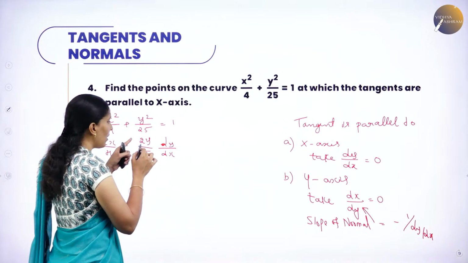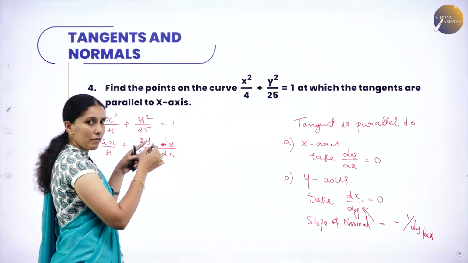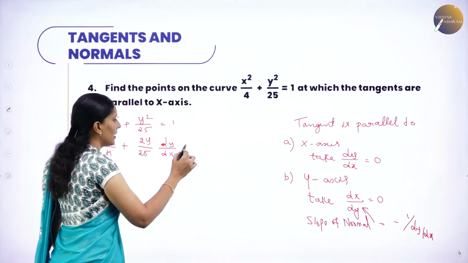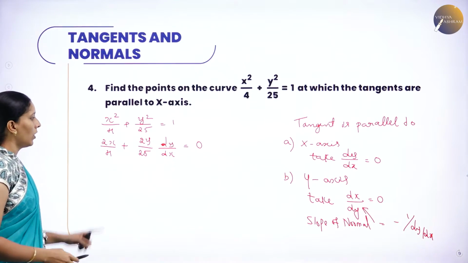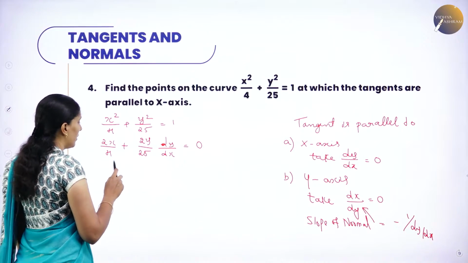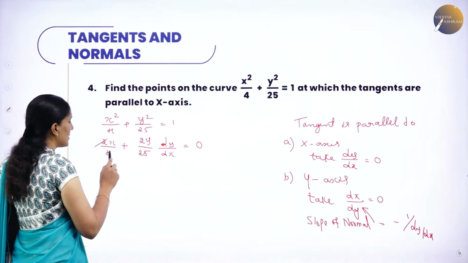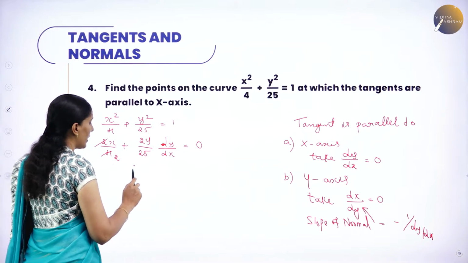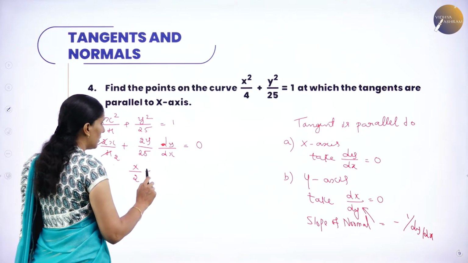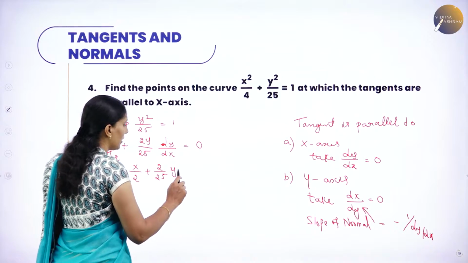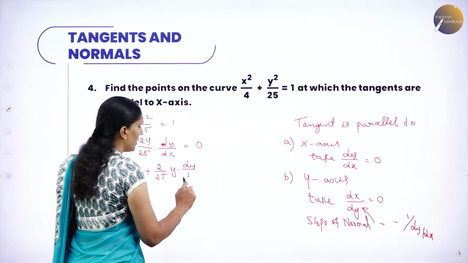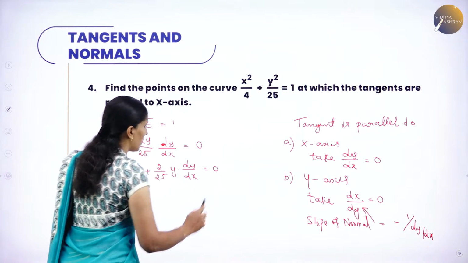Because when you are deriving y with respect to x, we have to write dy by dx is equal to derivative of 1 is 0. Now here I'll get 2 1s are 2 2s are. So I get x by 2 plus 2y by 25 into dy by dx is equal to 0.